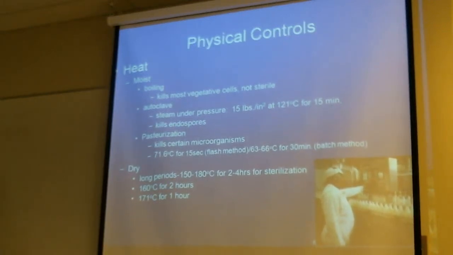And one of the things that I want to point out is that you have to increase the temperature when you're using dry heat as opposed to moist heat, because that pressure is not quite as prevalent as it is with the other procedures. But 2 to 4 hours for sterilization. So you got to increase the time, you got to increase the temperature. And obviously if it's a spore former, you might max out on time.